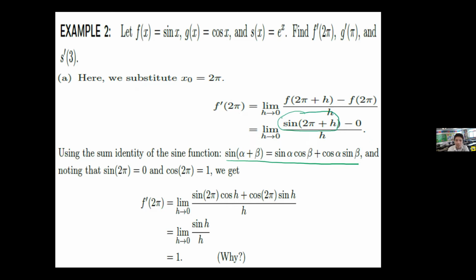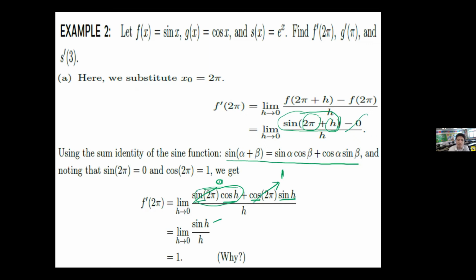So ang angles nato are 2 pi ug h. So sin 2 pi cosine h plus cosine 2 pi sin h. We all know that sin 2 pi is 0, and cosine 2 pi is actually 1. So 0 times cosine h, wala na yun ni. Tapos 1 times sin h, mao nang sin h na lang nabilin.